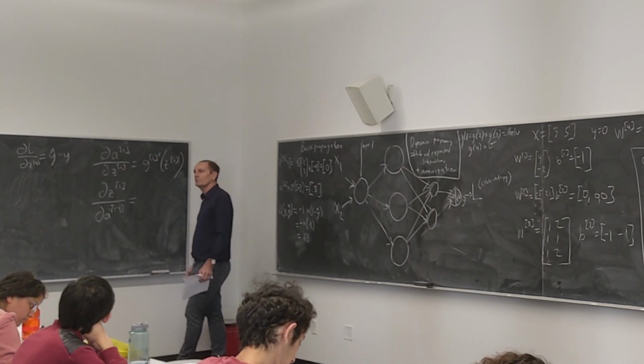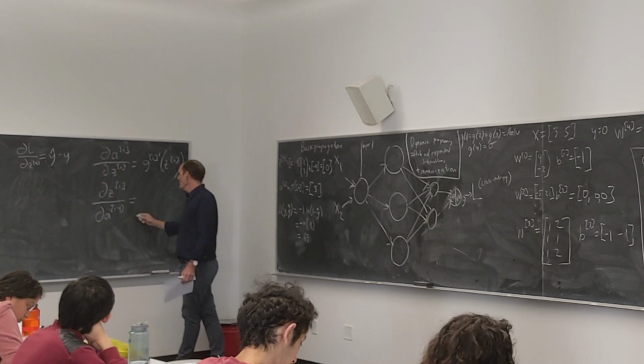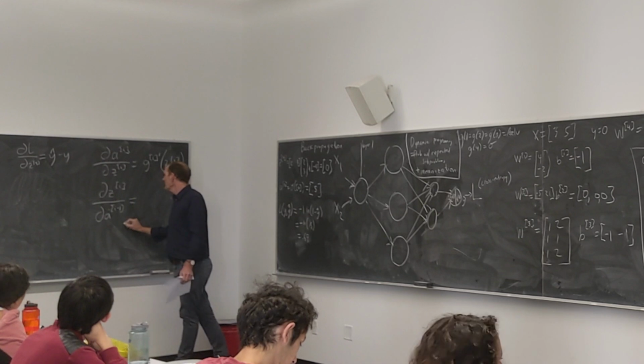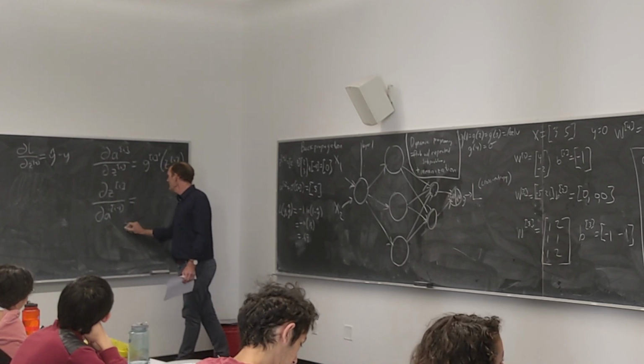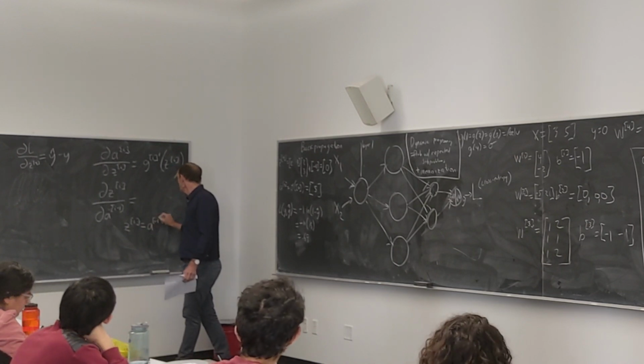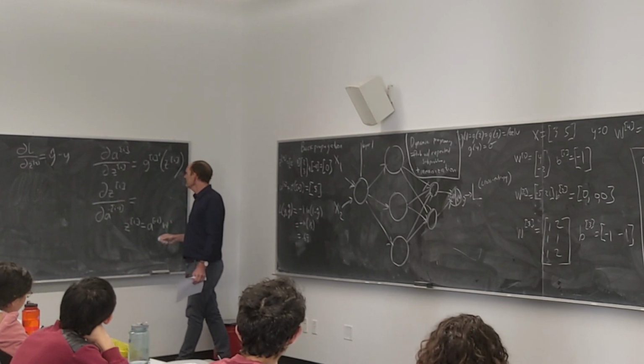What is that? Well, we have this formula that says Z at I equals a at I minus 1 times w at I. Well, that's one way to put it.